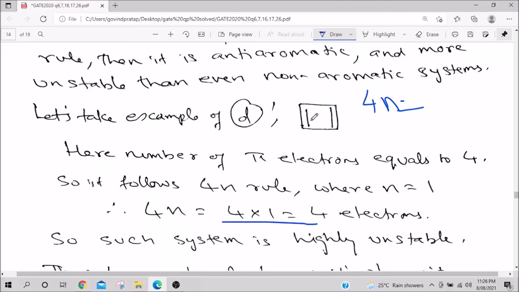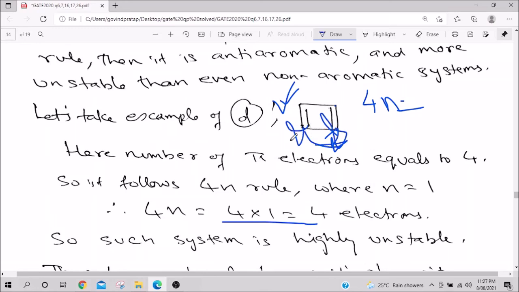What has been seen through all the experimental evidence is that if molecules like this form, they will immediately try to lose their conjugation. Imagine this carbon comes out of the screen, it becomes puckered. Then this p orbital will not overlap with this p orbital.